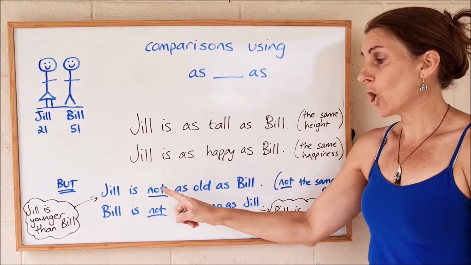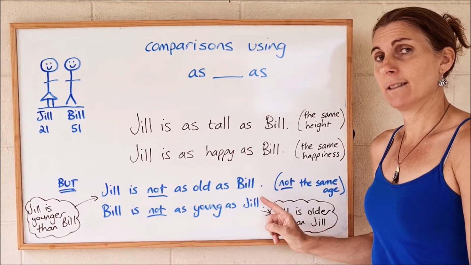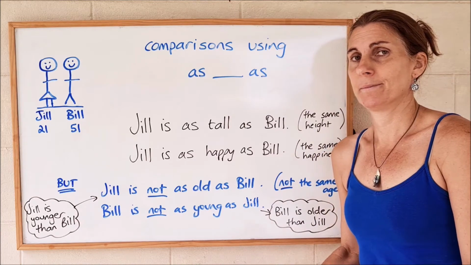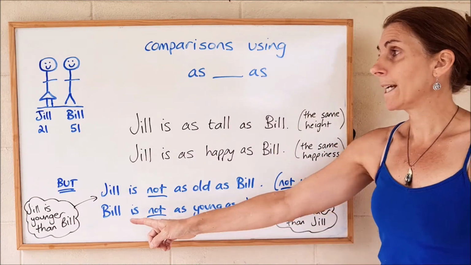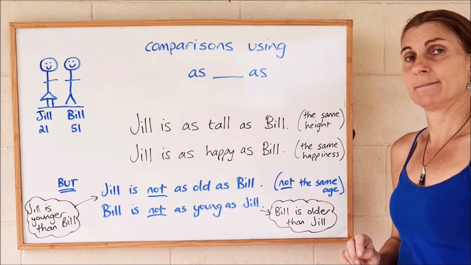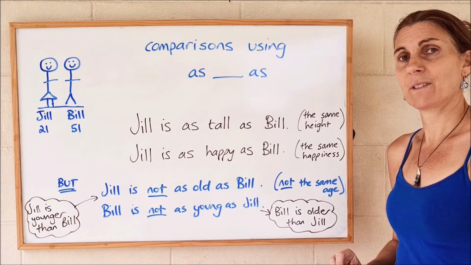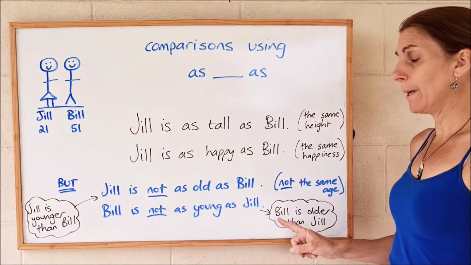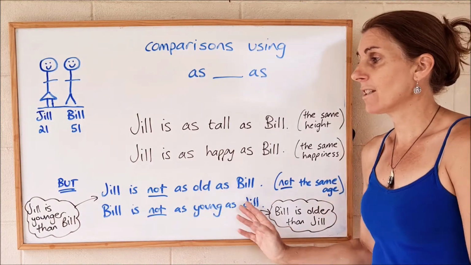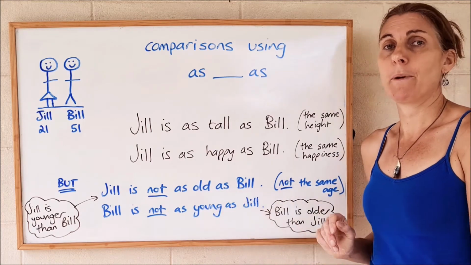So Jill is not as old as Bill, the same as Jill is younger than Bill. The other way round, we could say Bill is not as young as Jill, which is the same as saying Bill is older than Jill. So this is just an alternative way of comparing things.